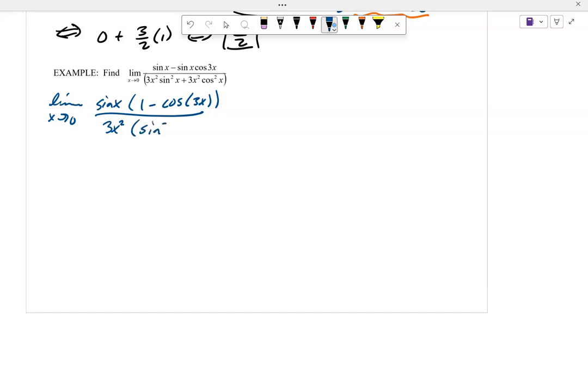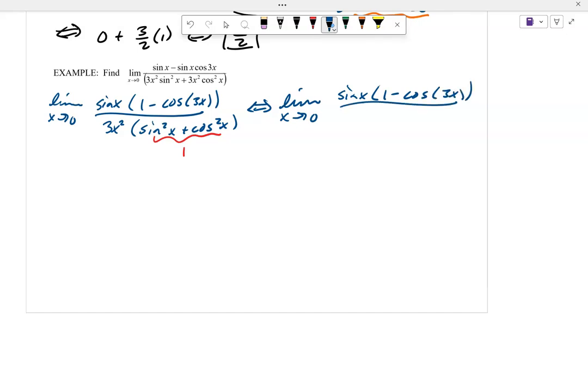And I'd have sine squared x plus cosine squared x. There's the old Pythagorean identity. We know sine squared plus cosine squared is 1, right? And so what we've got here, limit as x approaches 0, we got sine x times 1 minus cosine 3x all over 3x squared.